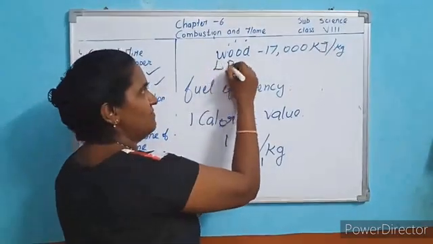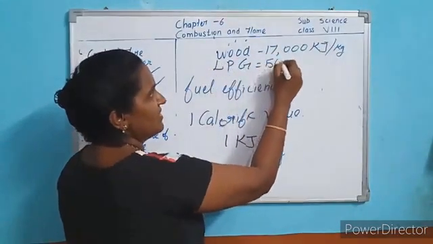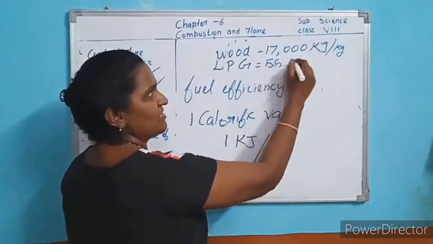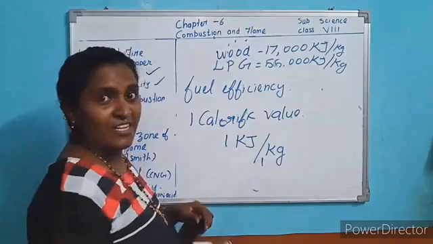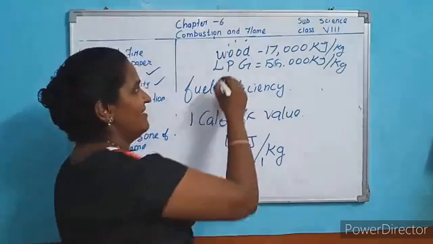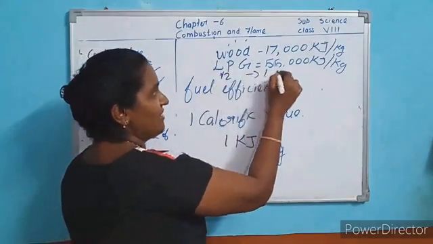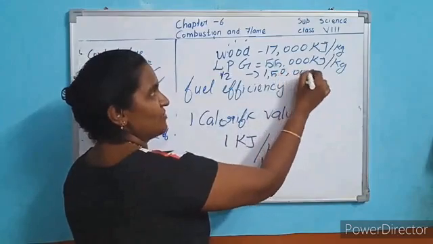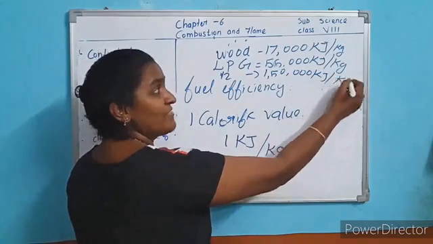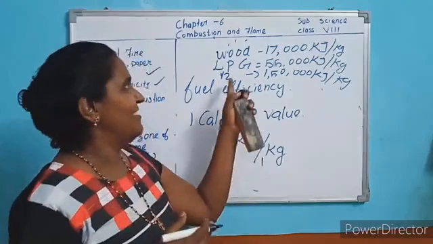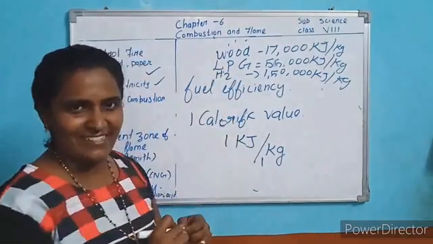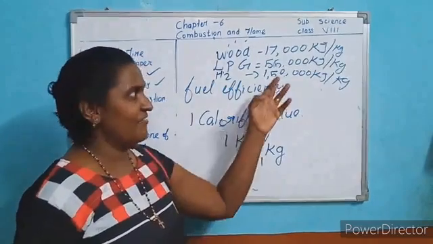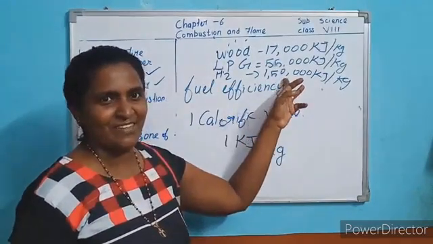Whereas LPG is 50 to 55,000 kilojoule per kg. Whereas hydrogen gas is 1,50,000. So who gives the most energy? Hydrogen gas. Understood? Very effective, very efficient.